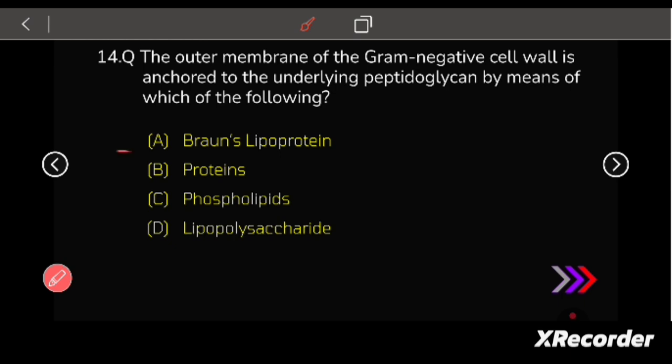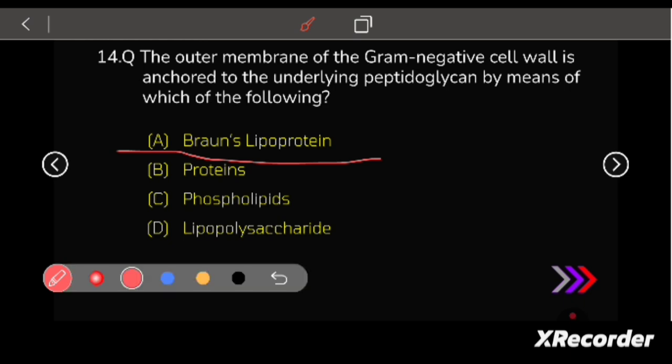Answer is A. Braun's lipoprotein. The cell wall of gram-negative bacteria contains 2 layers, the outer membrane and the inner cell wall peptidoglycan. The outer membrane is linked to the inner peptidoglycan by means of Braun's lipoprotein. Answer is A.